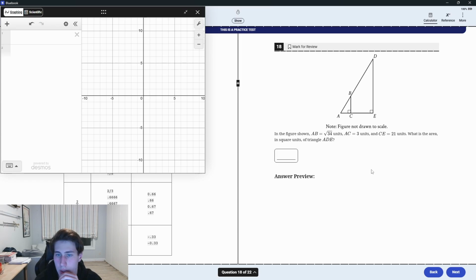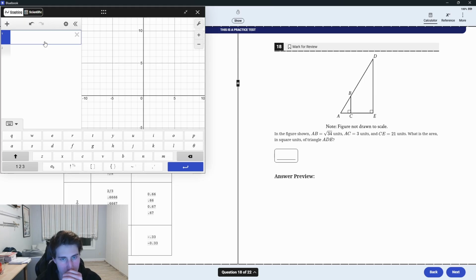Alright, 18. In the figure shown, AB, so this side here, is root 34. AC is 3, CE is 21, and we need to find the area of ADE. So we're going to use a regression, like a proportion regression in this case. So we know that AC is 3 units, okay?